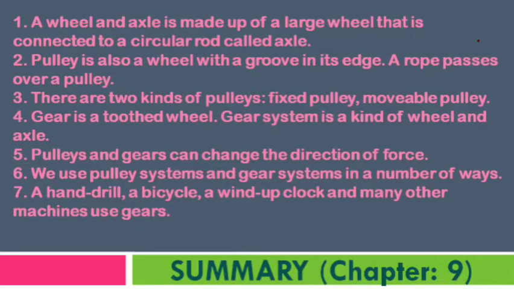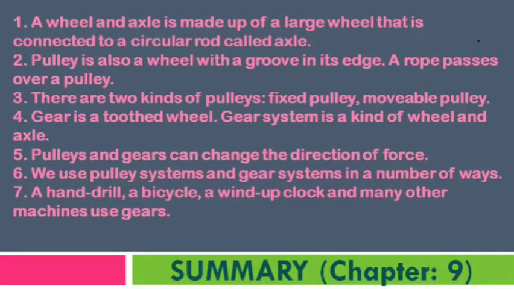Number four, we have studied about the gear. A gear is also a modification of the wheel and axle. And what is the difference between a pulley and a gear? A pulley has a groove in its edge, and it has a rope. But a gear has teeth around it.